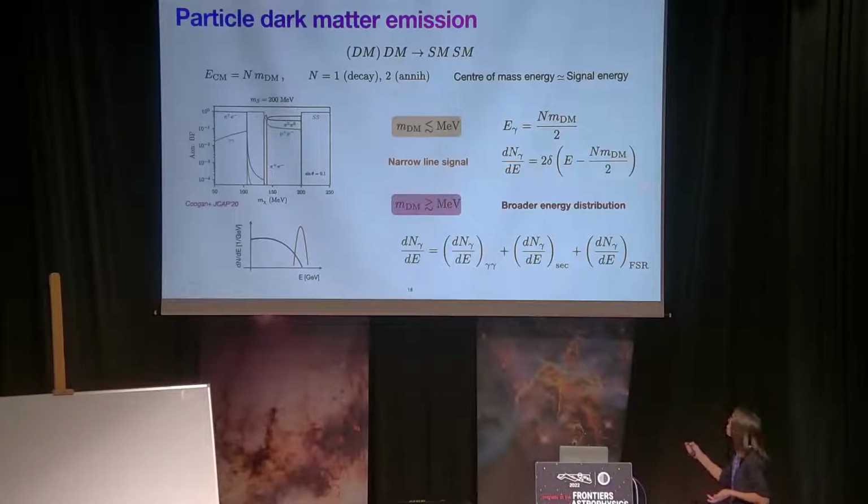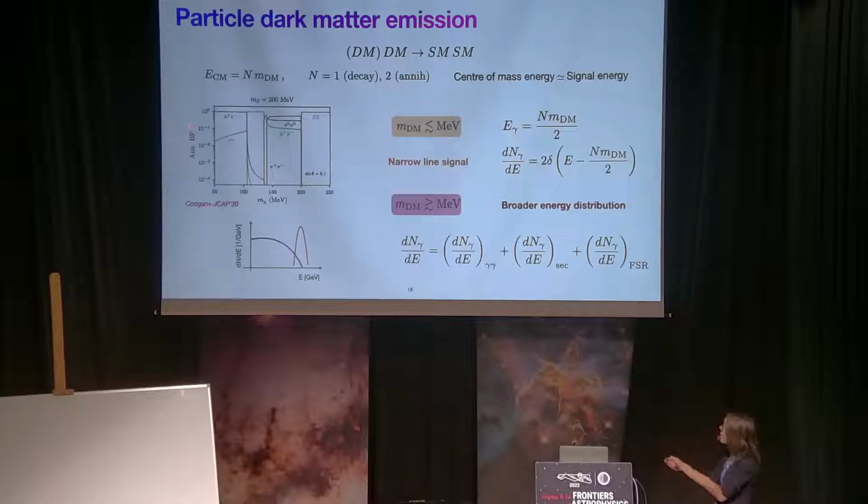And the signal would be a line, just a monochromatic line, because the process occurs at rest, at the dark matter mass in the case of annihilation, or at half of the dark matter mass energy in the case of decay. And the spectrum is nothing else than the line, broadened only by the energy resolution of the instrument. There is a bit of broadening from the velocity distribution that the dark matter has in the halo, but it is typically subdominant with respect to the energy dispersion.